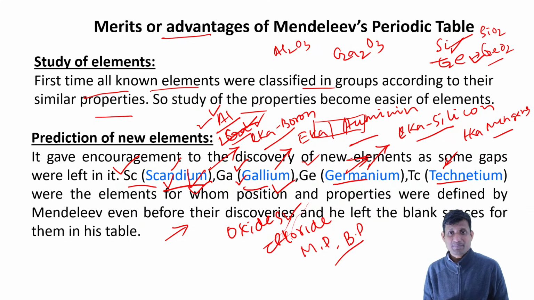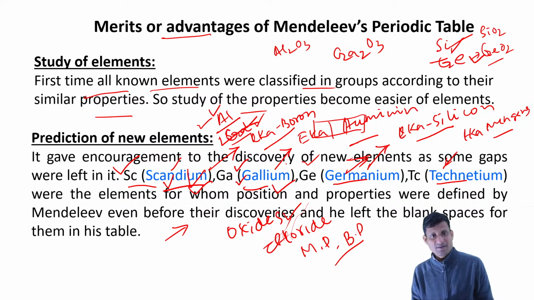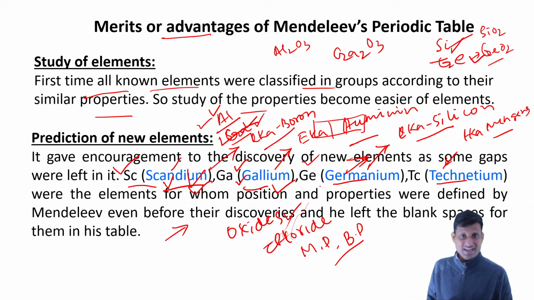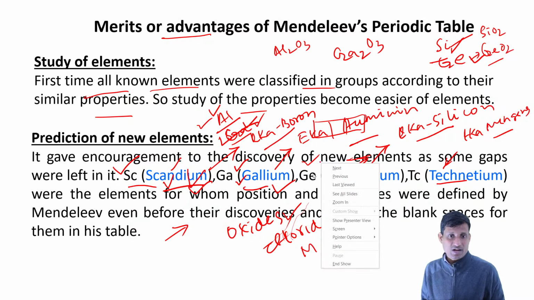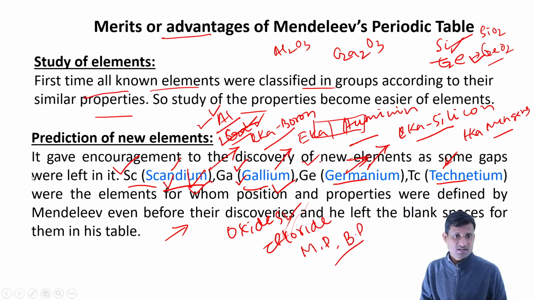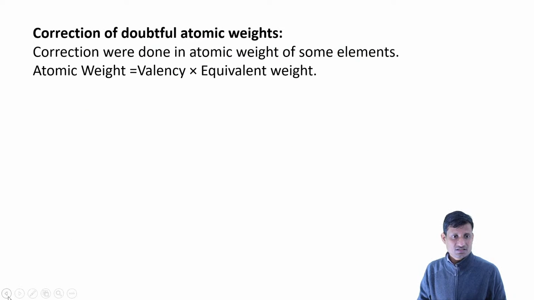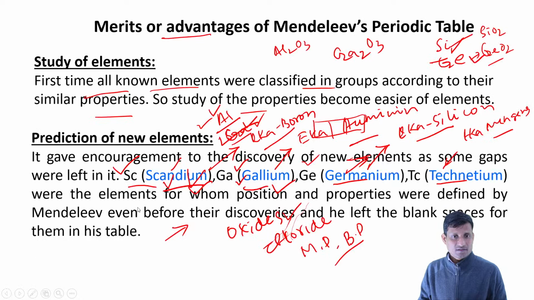This frequently appears in competitive exams, and this is very important. What are the elements Mendeleev predicted, and what are their physical and chemical properties? That is what we need to know. This is very important for any kind of competitive exam.